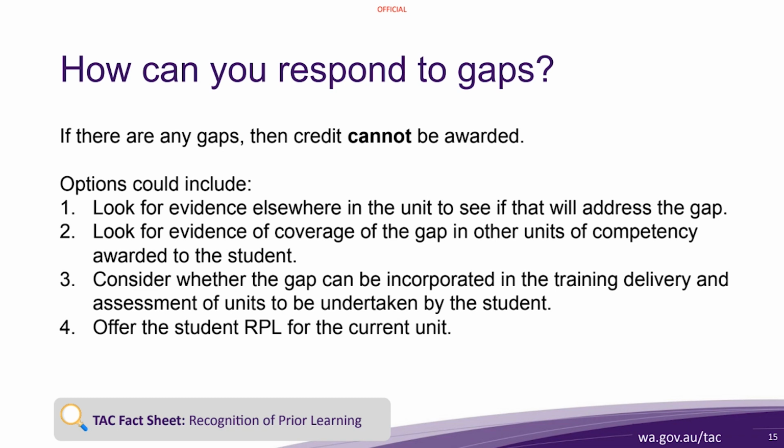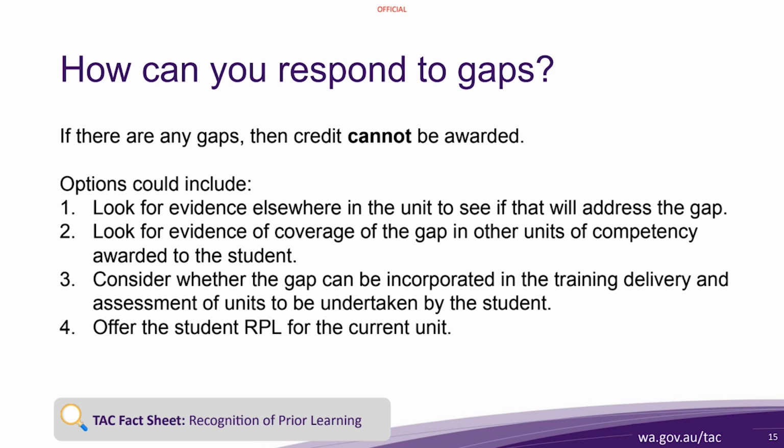So you, for example, look for the evidence elsewhere in the unit to see if this will address the gap. So if there's a performance criterion missing, would that have been picked up in the past in, say, performance evidence? Now that's a change of function because it's gone from performance criterion to performance evidence, but both of them are performance, and therefore you might well argue that that is not a significant change.